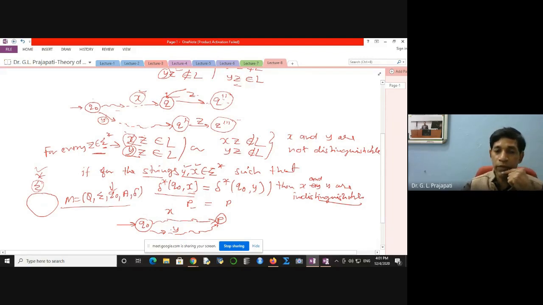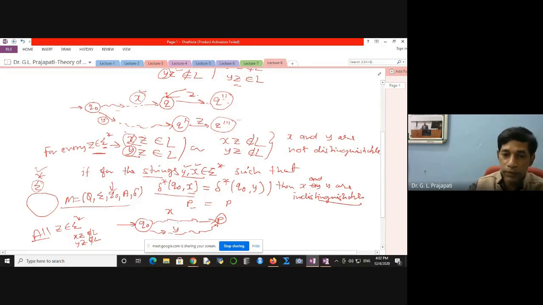If the strings x and y are indistinguishable, this means for all z taken from sigma star, if you have xz and yz, then there are two situations. Either xz belongs to the language and yz also belongs to the language, or xz is not in the language and yz is also not in the language. So both are in the language or both are not in the language.